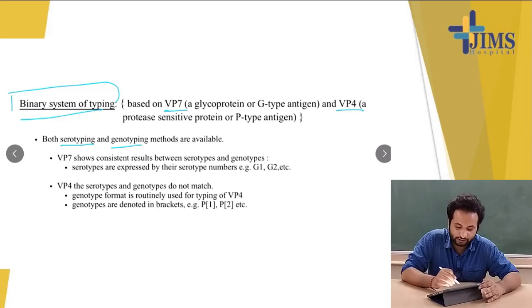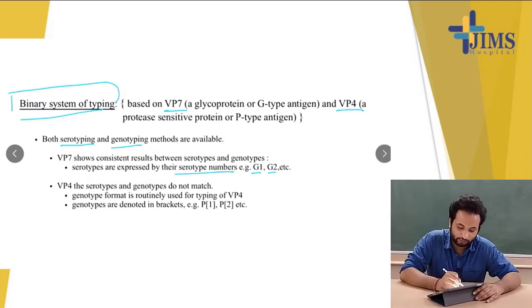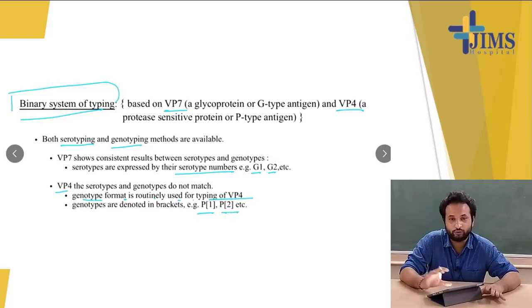Based on VP7, it is divided into serotypic numbers like G1, G2, G3, etc. For VP4, the genotype format is routinely used for typing, and that is denoted with brackets, so here you can see P[1], P[2], where the numbers are in brackets.